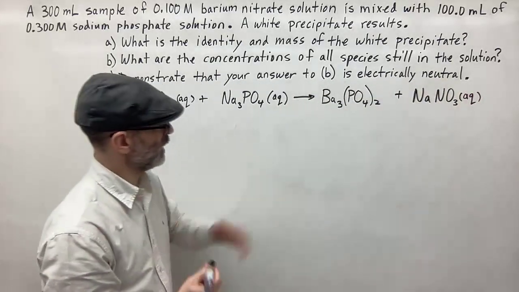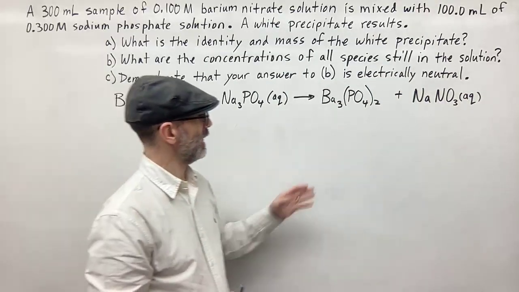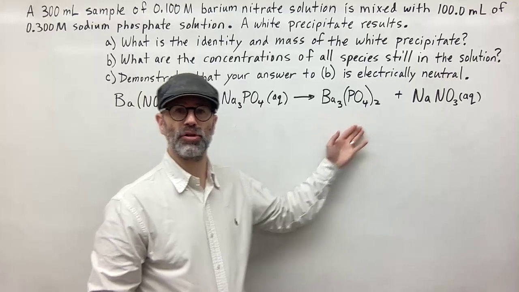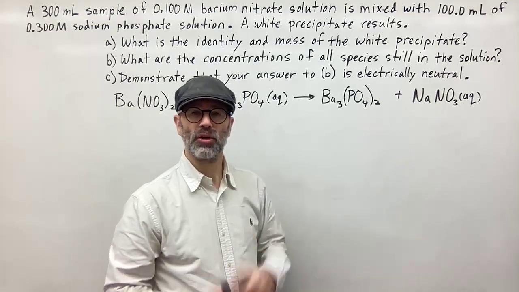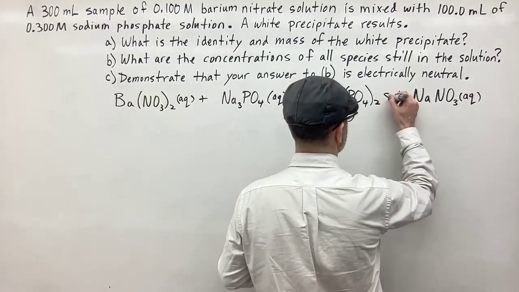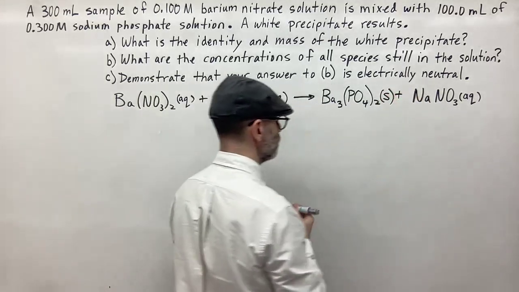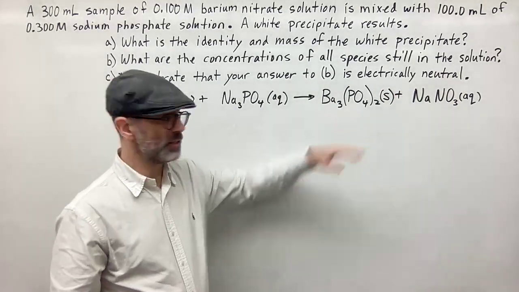So by the process of elimination, the only thing left is the barium phosphate. And if you look at your solubility rules, you'll see that phosphates are generally insoluble. There are some exceptions. So this is going to be your solid. So we've identified the solid as barium phosphate.